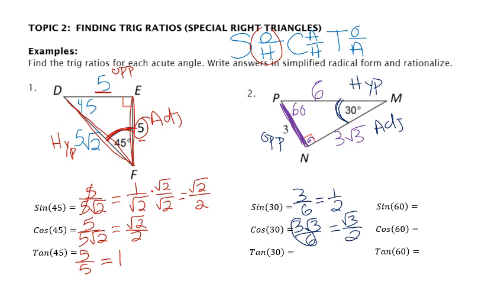And then tangent would be 3 over 3 radical 3, which, if I reduce, is 1 over radical 3, or if I rationalize it, I would get root 3 over 3.